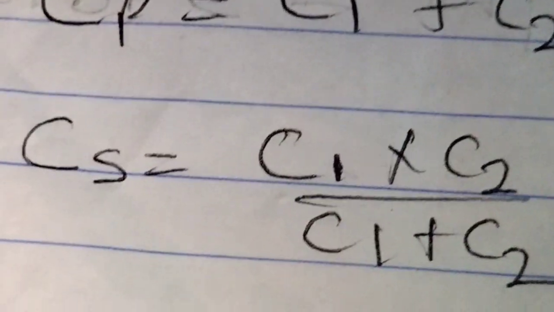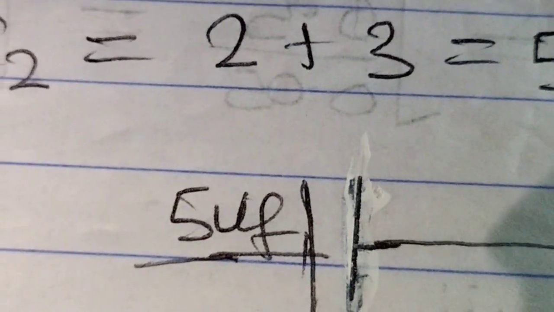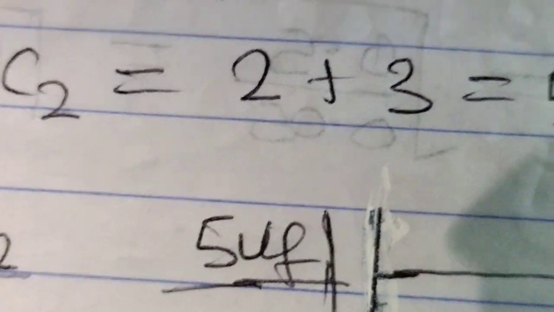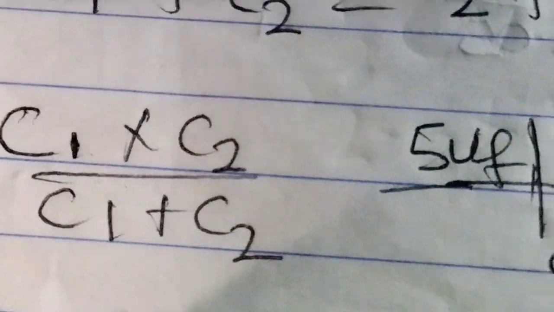Having done that, we'll now take everything together using product over sum. These 5 here represent the 2 in parallel combined, while the other 5 is the other one in series. So we'll call the combined one C1 and the other one C2. Then use the reciprocal formula, or the shortcut, C1 times C2 all over C1 plus C2.